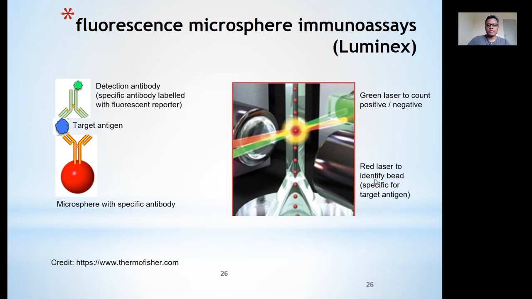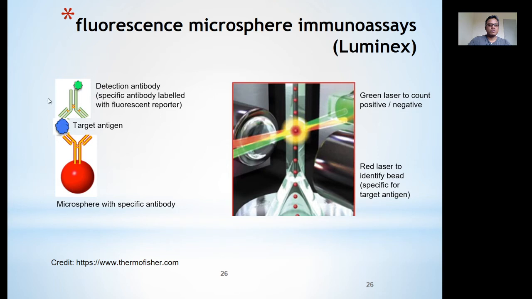And then the red laser will identify the type of bead that is passing through. If we are looking at this type of reaction, positive, where the target antigen is in the sample, the analyzer will identify the bead and then will detect whether the test is positive or negative.